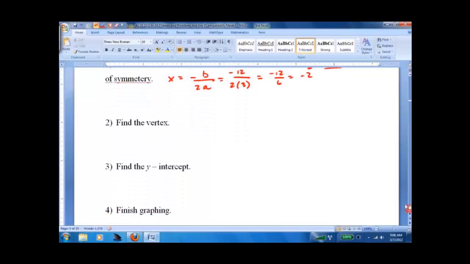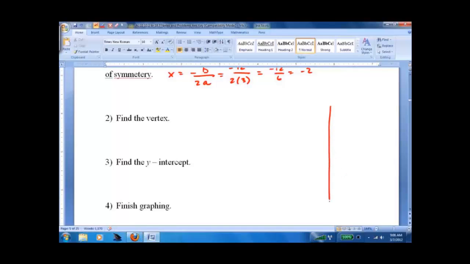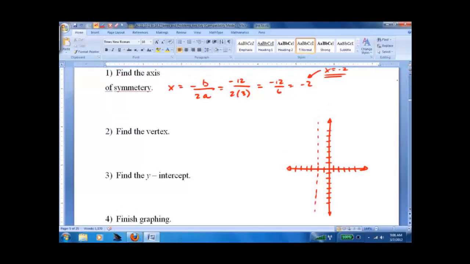I'll probably come back up. And we said it's at negative 2, so 1, 2, vertical line. And there it is.